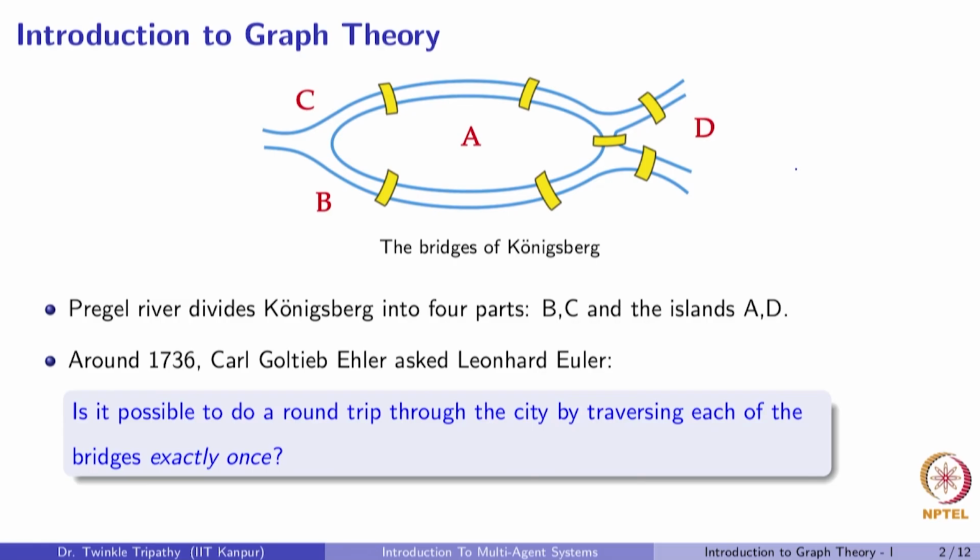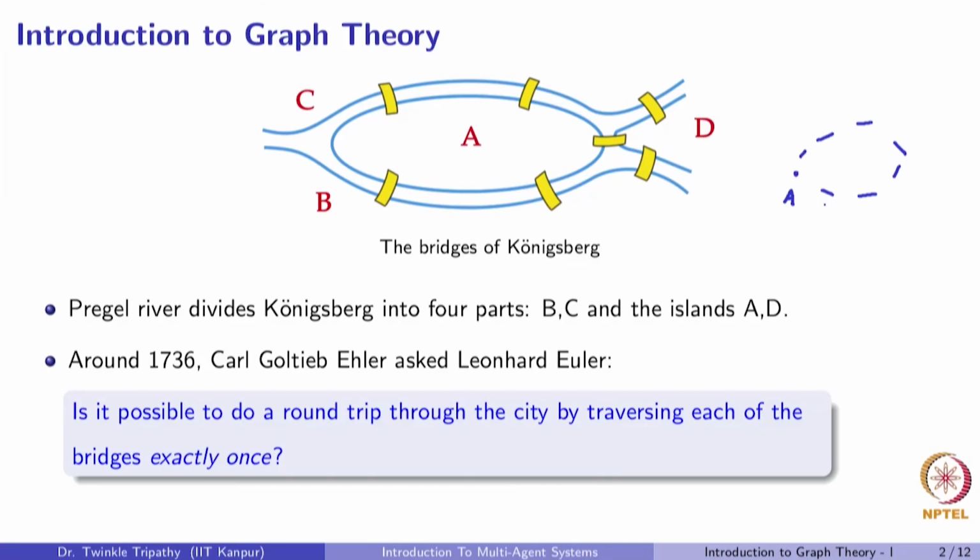Meaning, if we start from point A, then we go around the whole city such that we traverse all of the bridges that are there in the city. But while doing so, first, we must come back to A. Second, in the process, we must have covered all of the bridges only once.